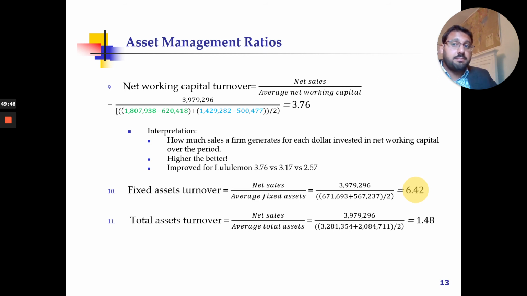It means that the company is efficiently utilizing its fixed assets. And what are the fixed assets I have used here in the computation in the denominator? I have used the property, plant, and equipment, and that is actually the fixed asset.